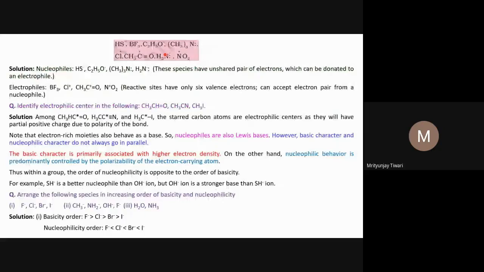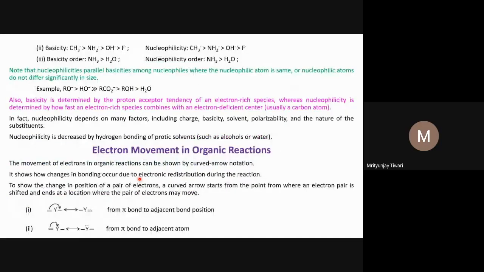However, in the previous example, we see a significant difference in the size of the nucleophilic atom. So we see the basicity and nucleophilicity follow opposite trends. In this example, SH minus and OH minus, also we see the nucleophilicity and basicity are anti-parallel, they follow opposite trends.